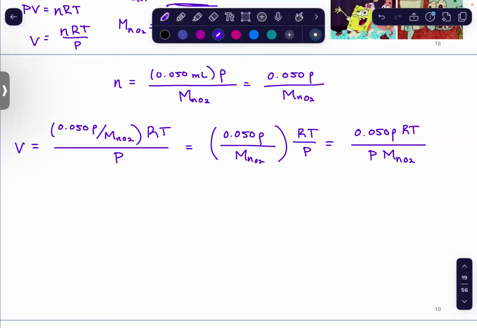Okay, with all the numbers we have, we can actually plug numbers in here. One last thing we have to change is we have to make sure that temperature is in Kelvin. So this will be 310 Kelvin.